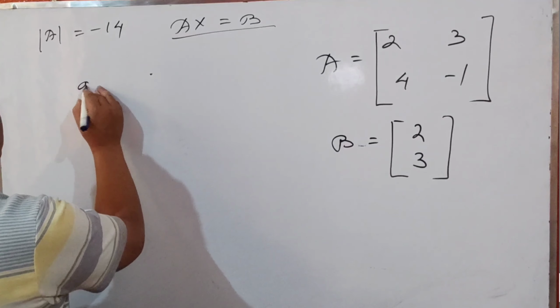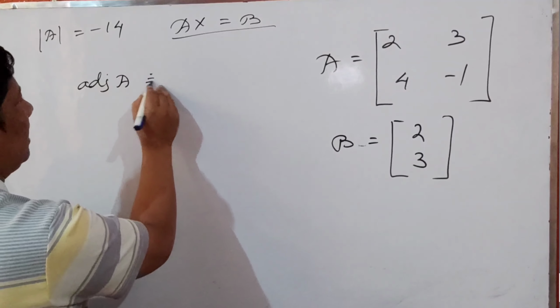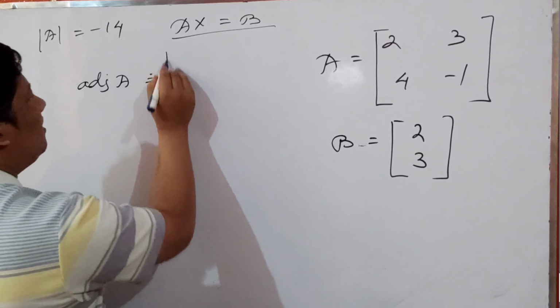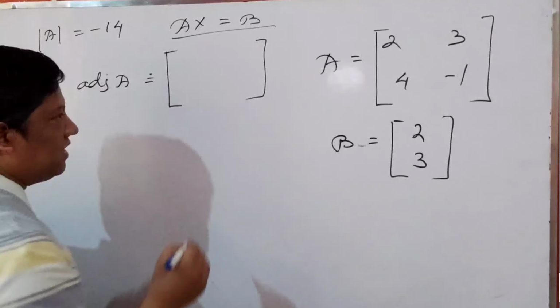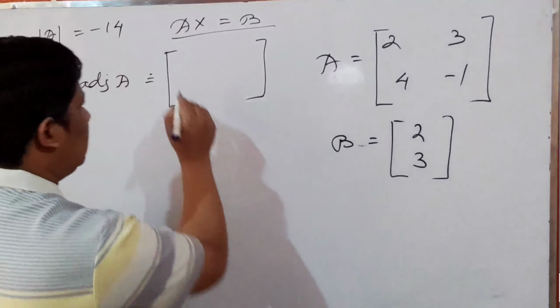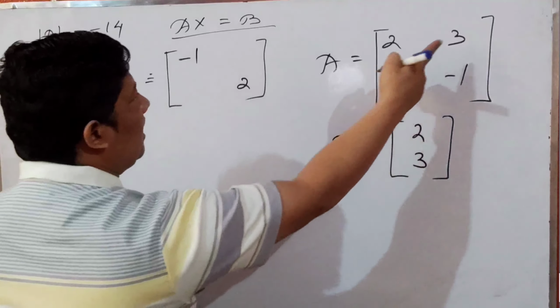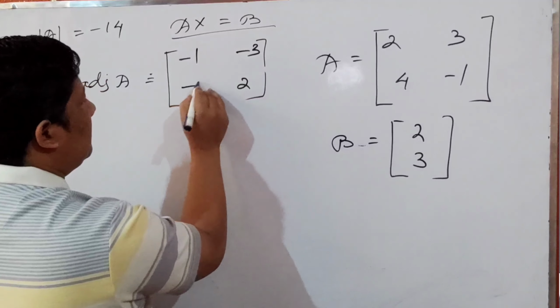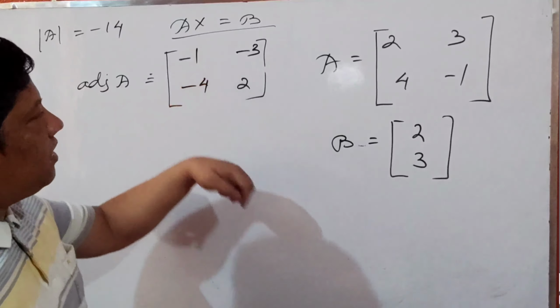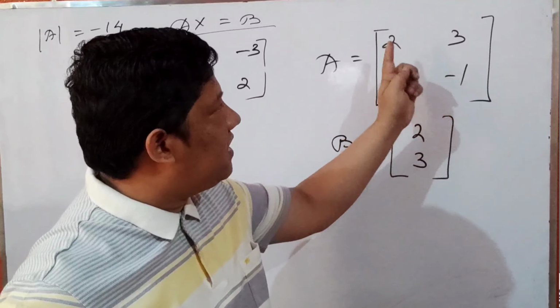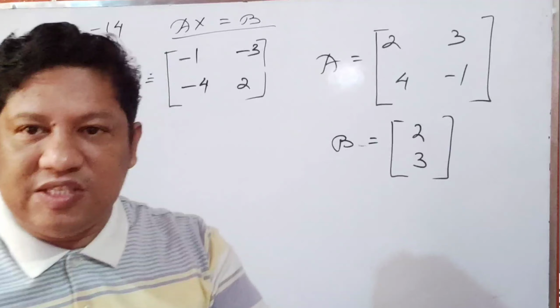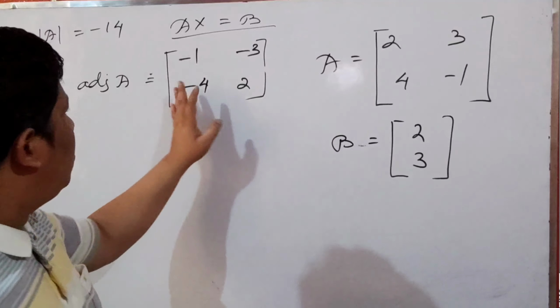The adjoint of A can be written as: first diagonal interchange, second diagonal sign change, and that is the adjoint of A.